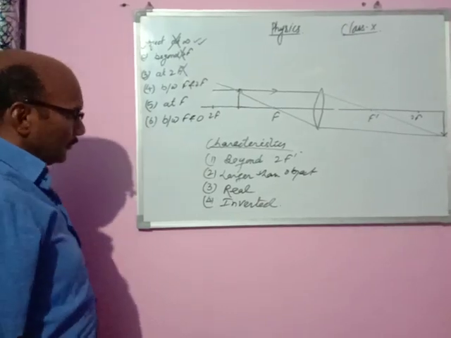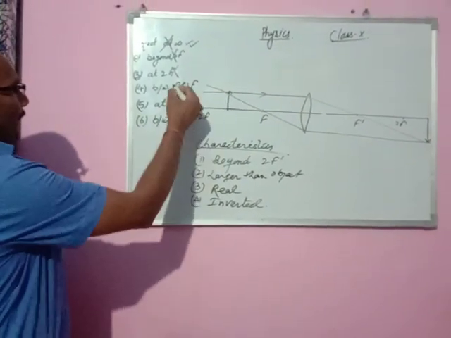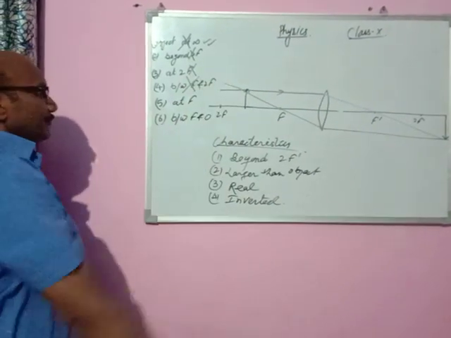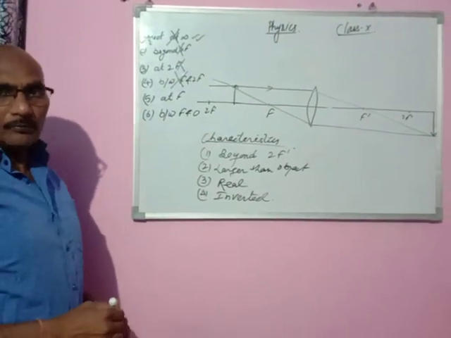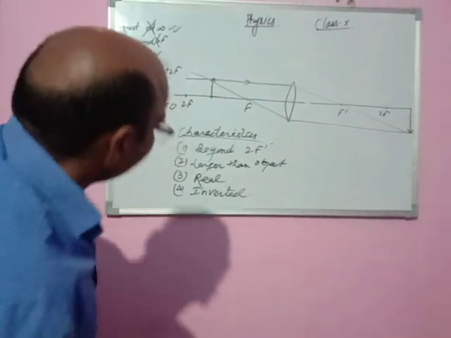These are the characteristics of the image when the object is between F and 2F. Now, a new condition, when the object is at 2F.